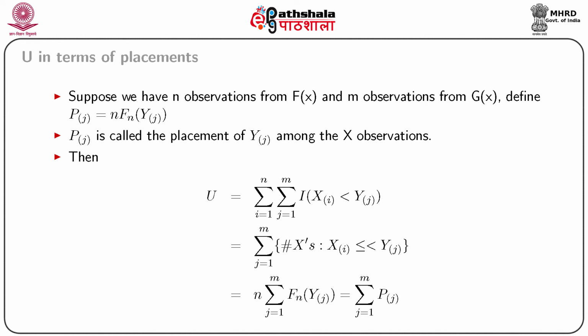Pj is called the placement of y ordered j among the x observations. Now, we can replace xi's by x ordered i's and yj's by y ordered j's. Then the summation i from 1 to n of indicator x ordered i less than y ordered j is nothing but the number of x's less than or equal to y ordered j, that is n Fn(y ordered j), or the placement Pj. Then U can be looked upon as the sum of the placements.